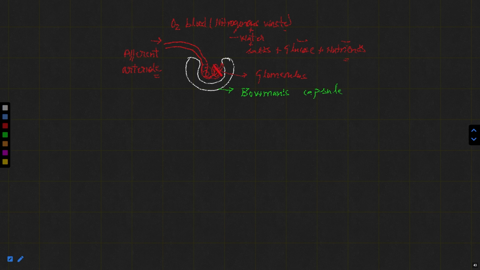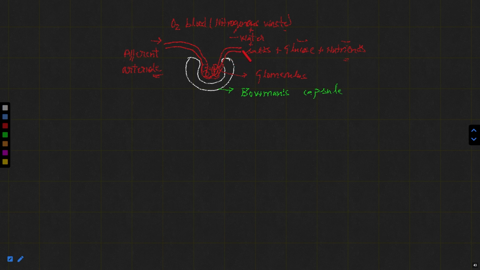Okay, so this is the afferent arteriole. Then what happens? Here in the Bowman's capsule, the filtration of the blood takes place, or you can say ultrafiltration of the blood takes place, and then the arteriole leaves here, which carries the oxygenated blood.